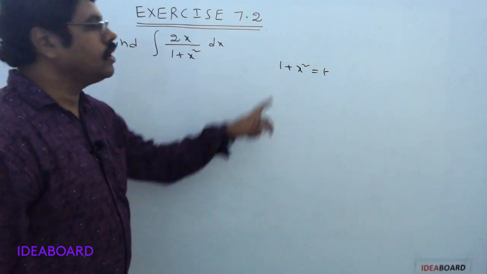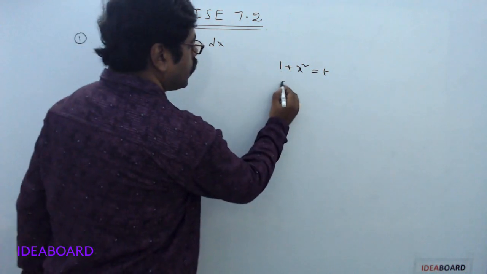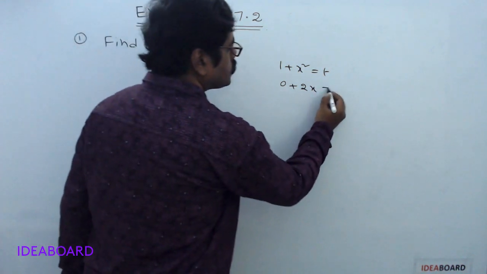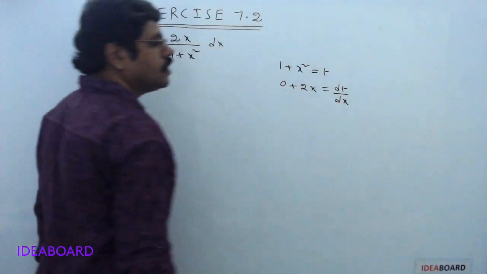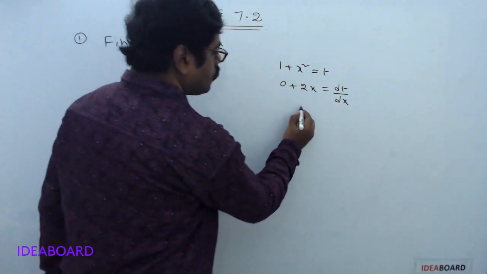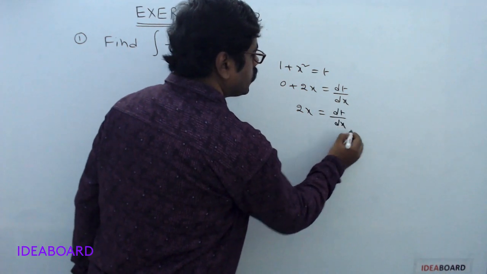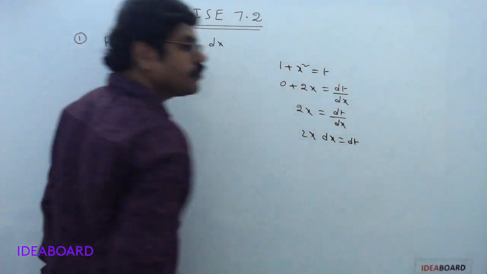Differentiate this equation on both sides with respect to x. So the constant term's derivative is 0, x square's derivative is 2x, equals derivative of t with respect to x, which is dt by dx. So from this, 2x equals dt by dx, 2x into dx equals dt.